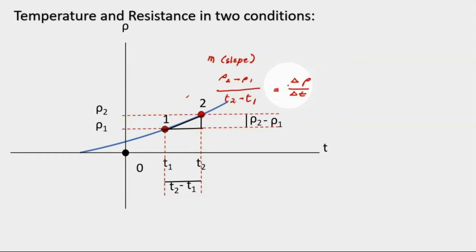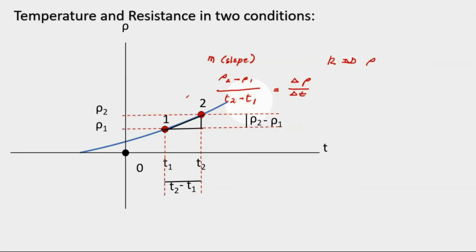Knowing these relationships, we know that the resistance R is directly proportional to the rho.